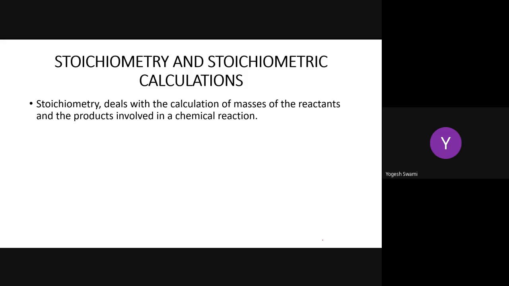So stoichiometry says the relationship between reactants, in which ratio reactants react, and how much amount of product is formed. Stoichiometry means quantitative relationship between reactants and products.